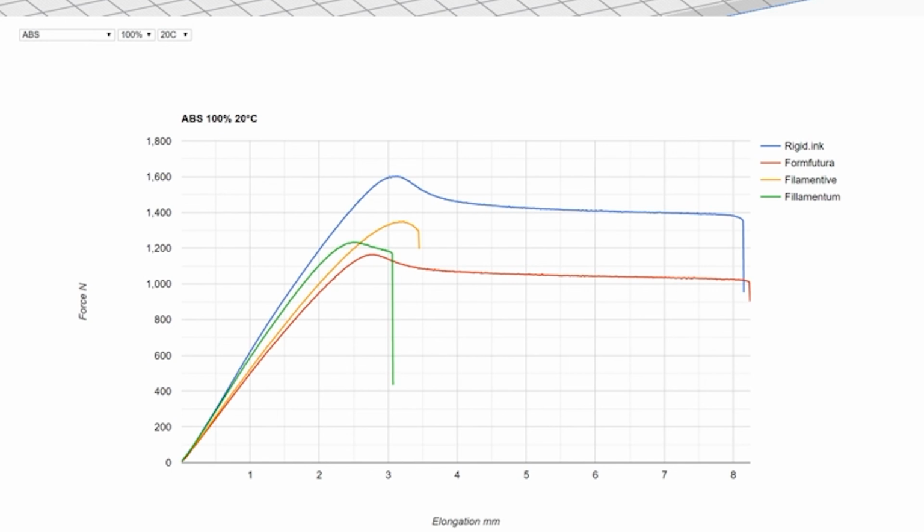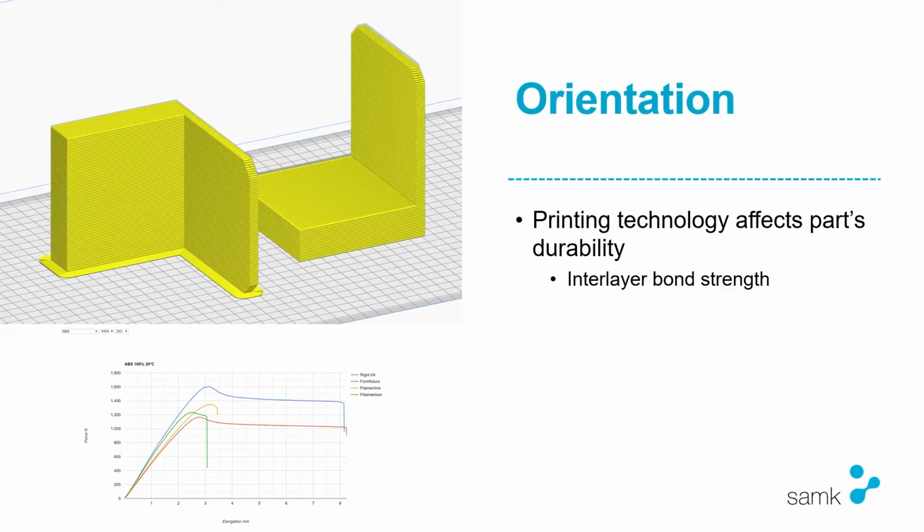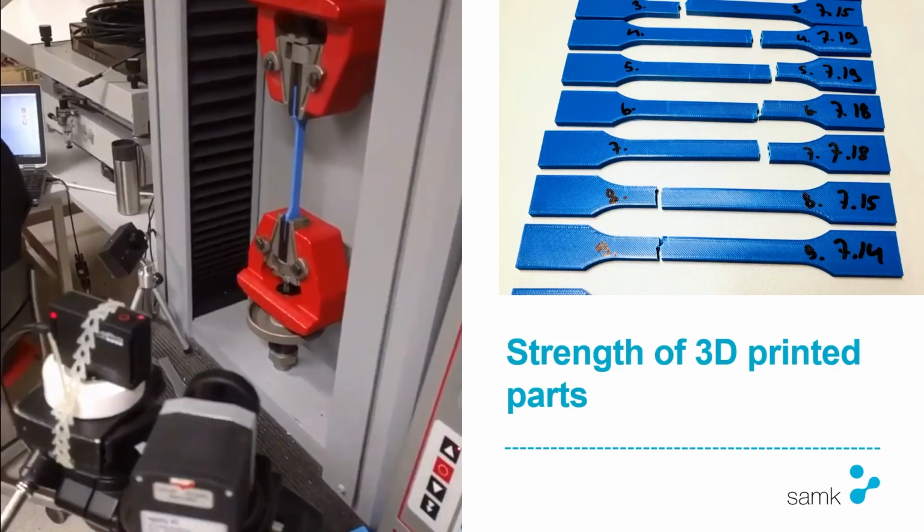We ran tests pulling these dog bones that are used in the ISO 527 standard, the standard tensile strength test. And we could see that when the prints were printed like shown in the image on the right, the strengths were close to 1000 to 2000 newtons, the tensile strengths.